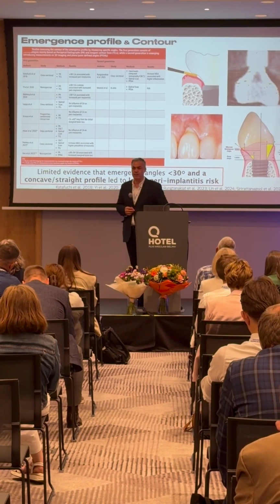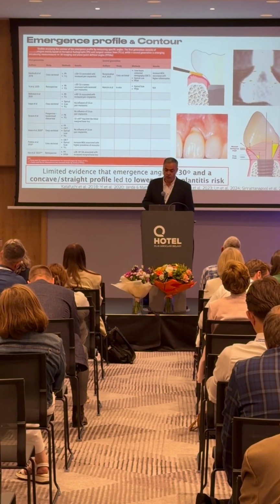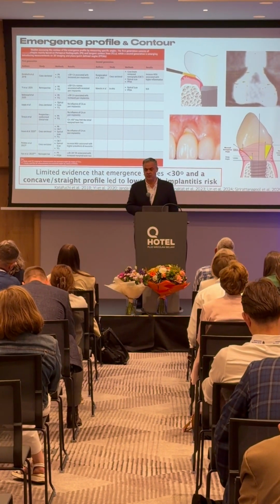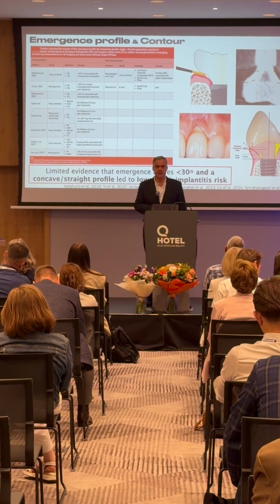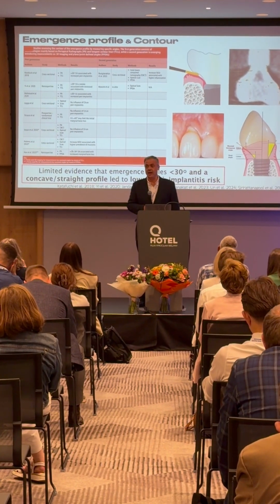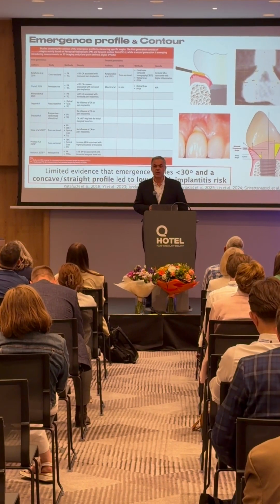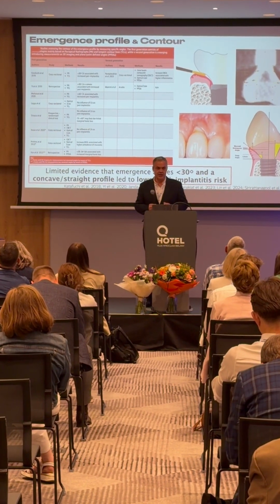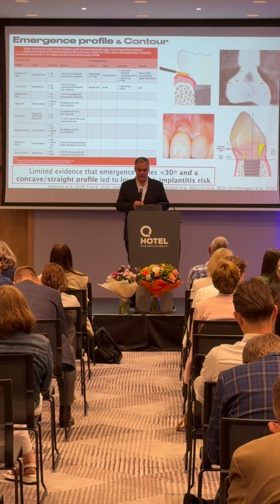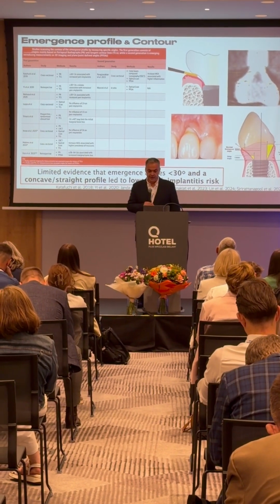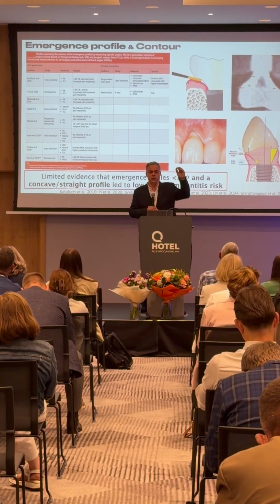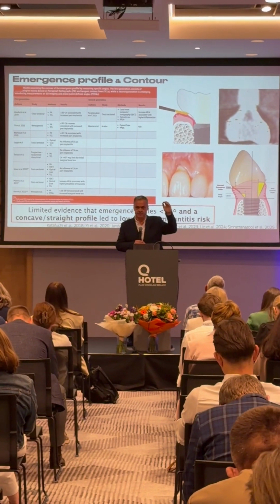Regarding the emergence profile and contour, some studies found a correlation between the emergence angle and the contour and inflammation and bone loss. We should have a gradual and smooth transition from the implant platform to the critical area.